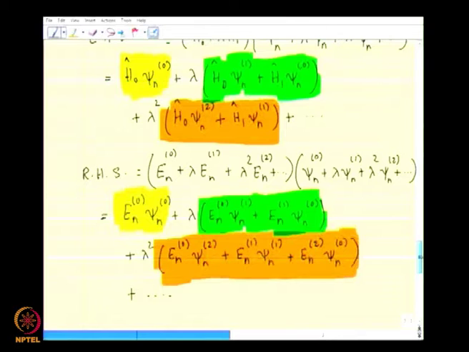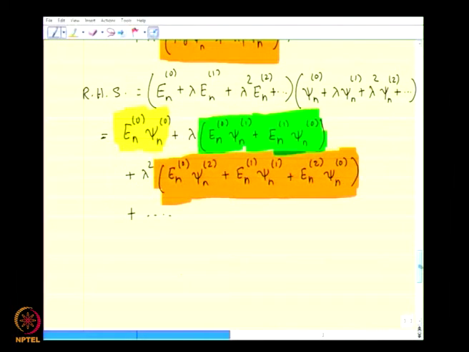Now we will write the equation and make use of the properties of the orthogonality and the normalization of the wave functions. So the first equation that we had in green that we wanted to solve is H0 on psi n1 plus H1 on psi n0 is equal to En1 psi n0 plus En0 on psi n1.